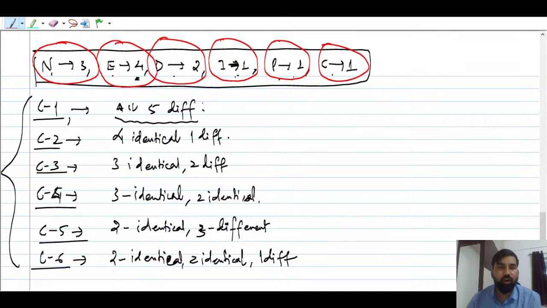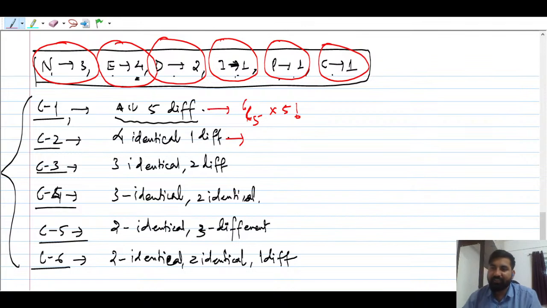So out of 6, you are going to choose 5, into 5 factorial, because 5 are different, so we can arrange them. Now from this, 4 identical, 1 different, right? So 4 identical means what?